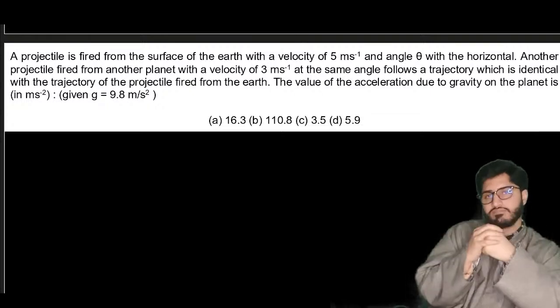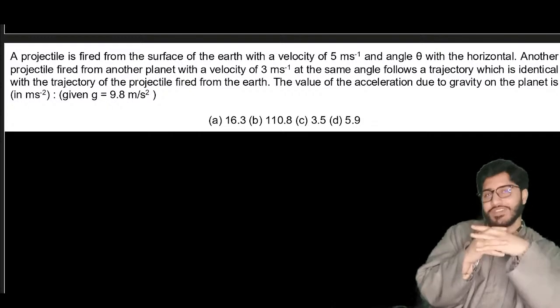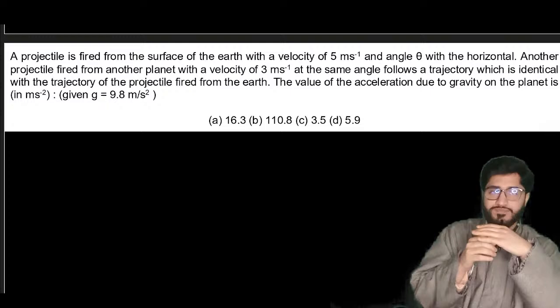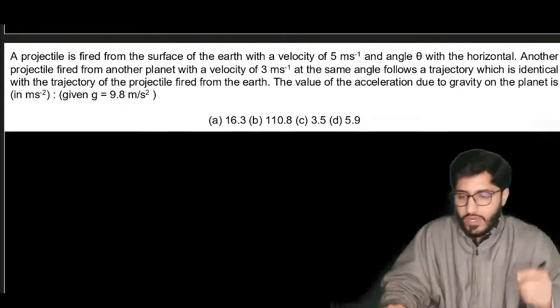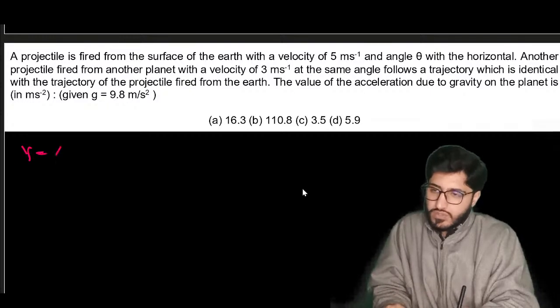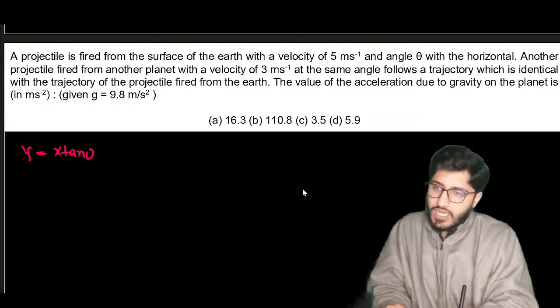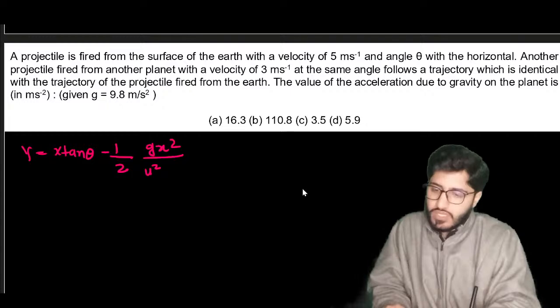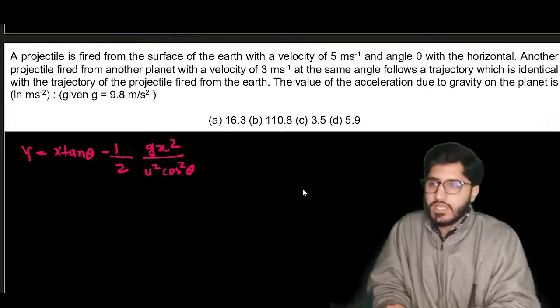So what is given to us? Hint: the trajectory is given to us, so we have to use the equation of trajectory. And what is the equation of trajectory? y equals x tan theta minus 1 by 2 g x square divided by u square cos square theta.